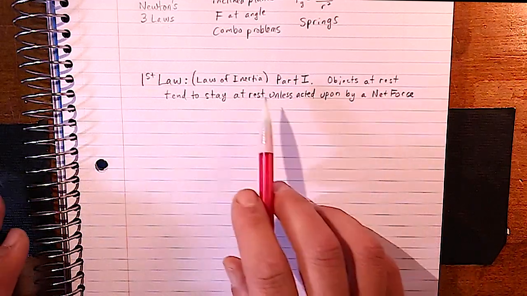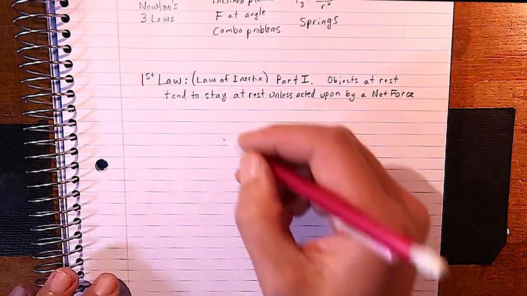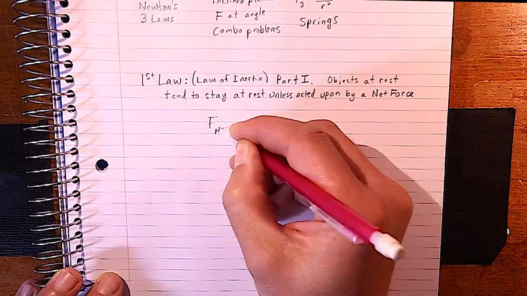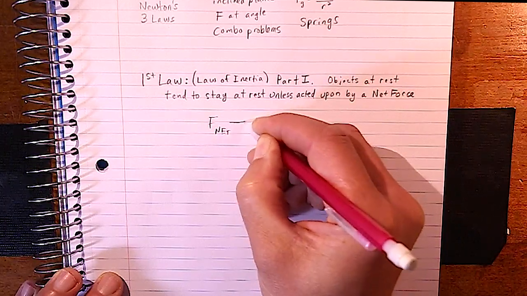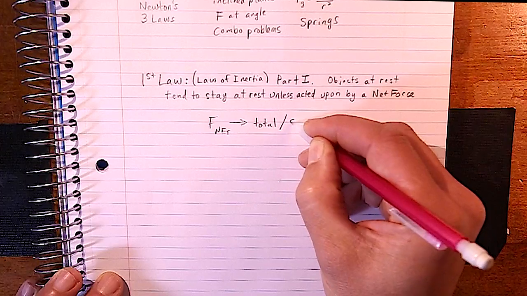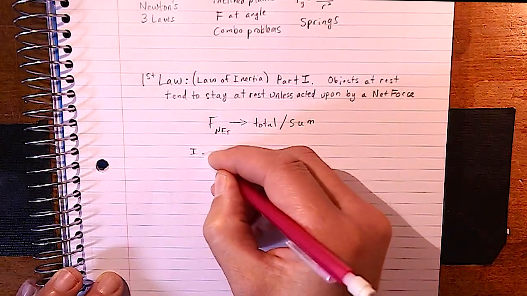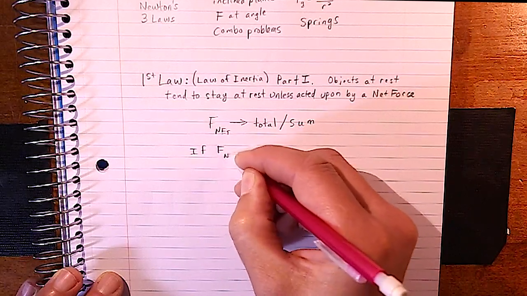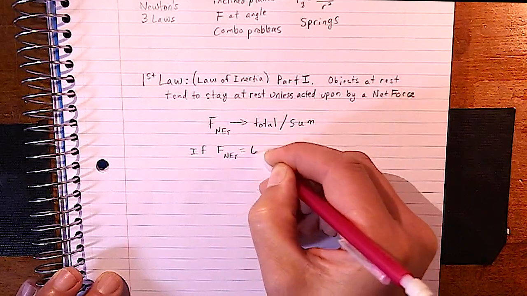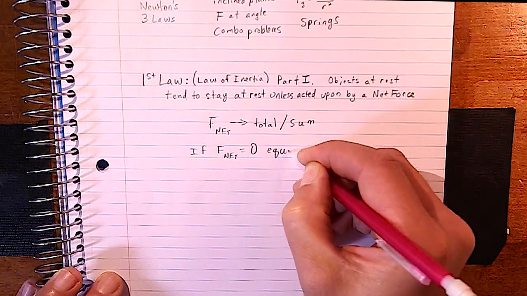Well, before we can really talk about the rest part, we need to define what a net force is. So an F net, a net force, just means a total or a sum. So if the net force is equal to 0, then we say that that object is in equilibrium.